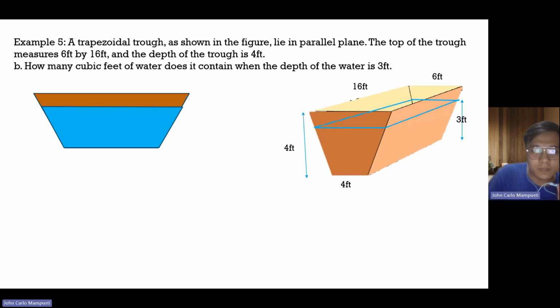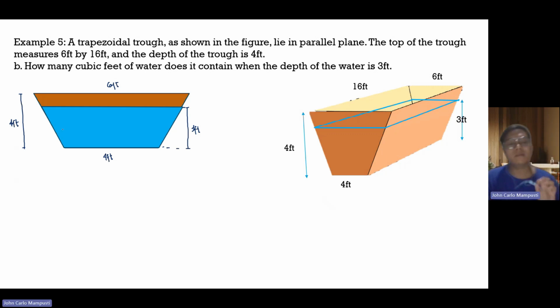Okay. So, ibig sabihin, kung ang total height nito is 4 feet, okay, this is 6 feet, this is 4 feet, this is 3 feet. Hanggang dito yung water level natin.